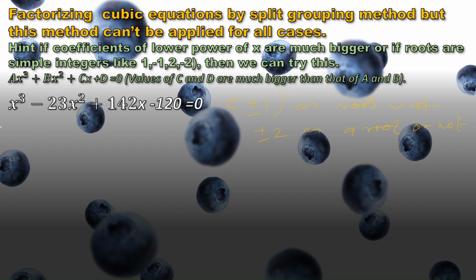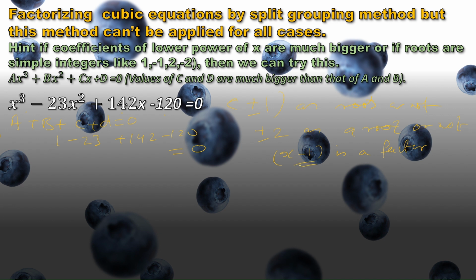For plus 1, we have to check a plus b plus c plus d is equal to 0, and it's clearly coming out 0: 1 minus 23 plus 142 minus 120 is 0. So plus 1 is the root. After confirming plus 1 is the root, it means x minus 1 is a factor.